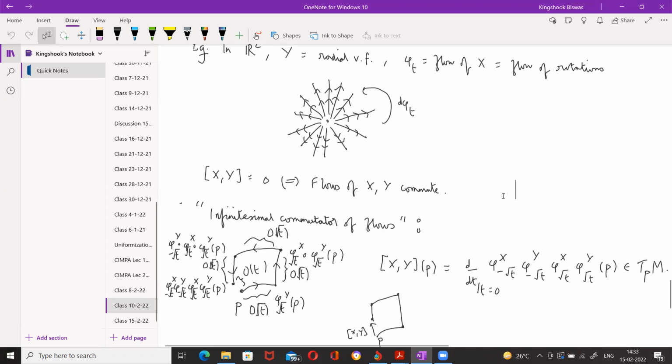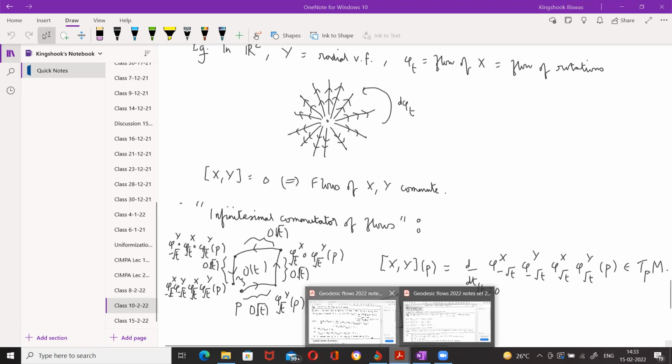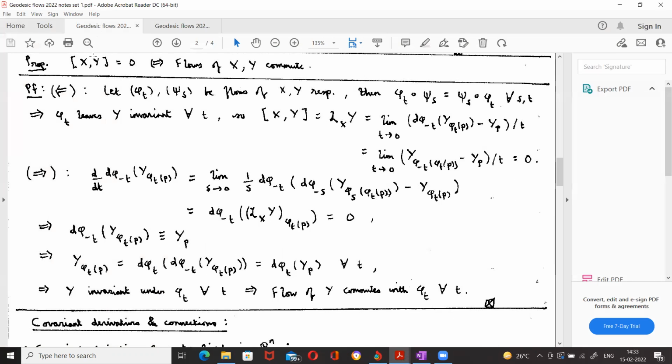And then what we are proving is that if the flows commute infinitesimally, that is, the Lie bracket is 0, then they actually commute for all time. That's what this proposition means intuitively: commuting for infinitesimal times is equivalent to commuting for all times.